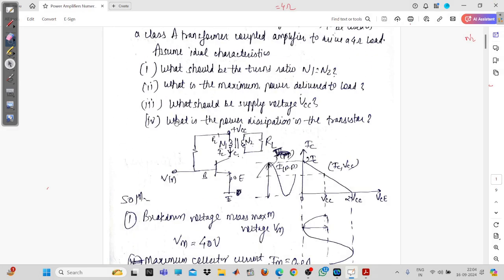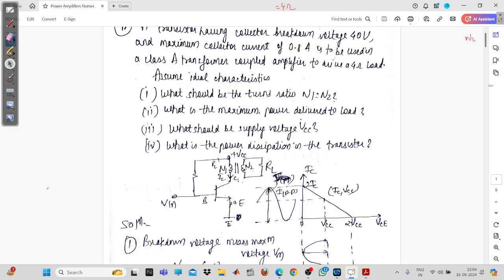So now you will have to calculate the maximum power delivered to the load. The power which you want delivered to the load is the AC power, because the signal applied at the base is the input AC signal, and you will have to transfer only the AC input signal to the load, and this should be an amplified one. So in that case, what should be the value?